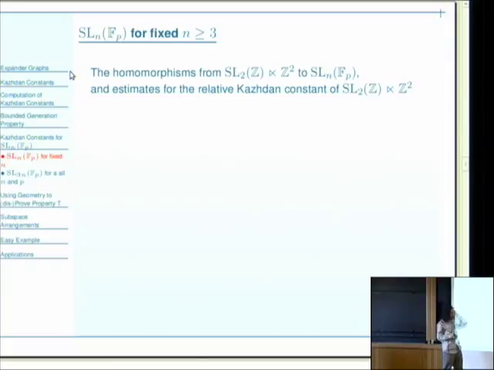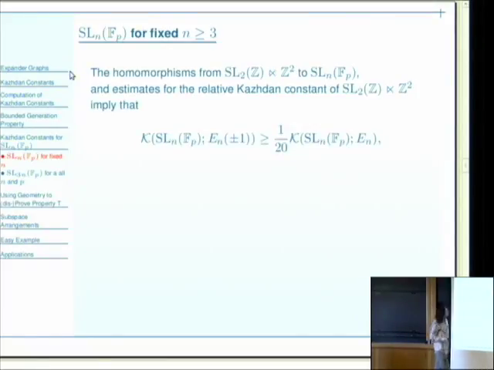Okay, so the previous things give me some kind of bound for the relative Kazhdan constant of this semi-direct product. So I can combine them, and this tells me that I can compare the Kazhdan constant of SLN FP with respect to the set of all elementary matrices with plus or minus 1, and the Kazhdan constant of the same group with respect to all elementary matrices with anything off the diagonal.